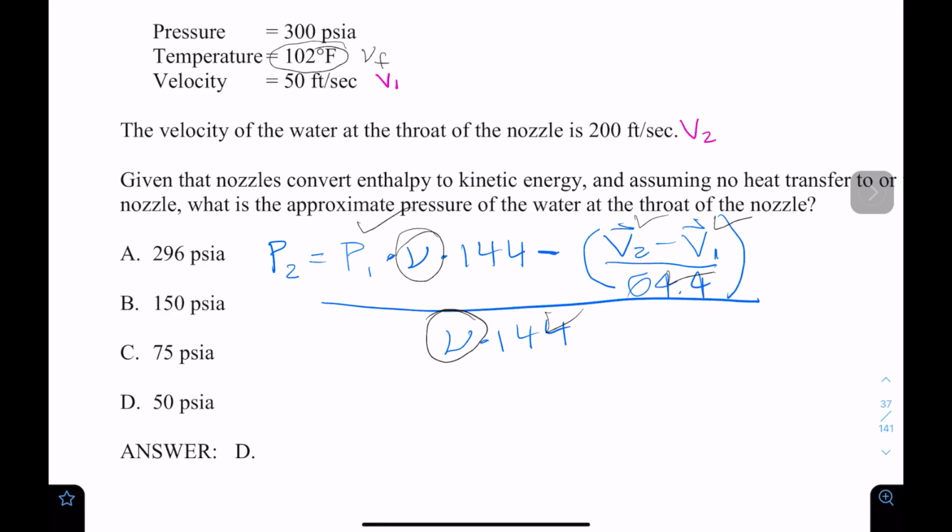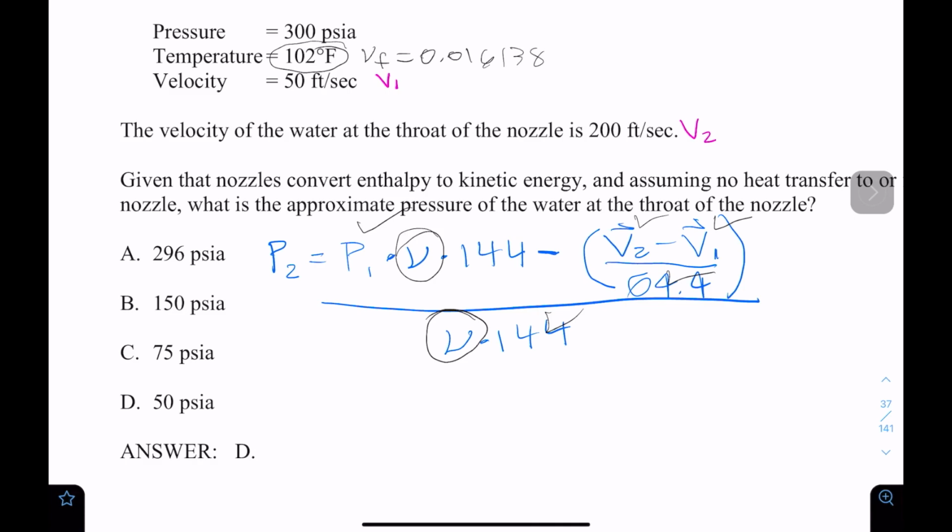Temperature 102, the specific volume is going to be 0.016138, right? Because it's here. 0.016138.